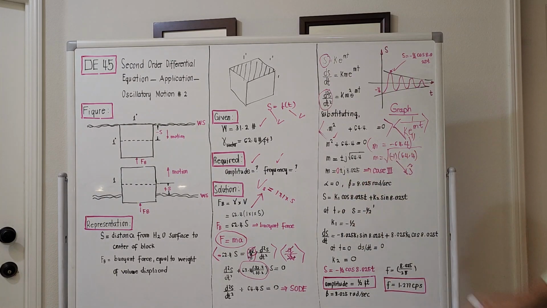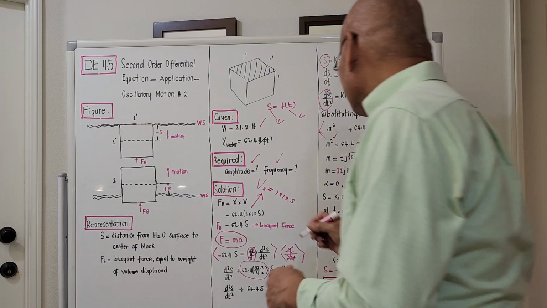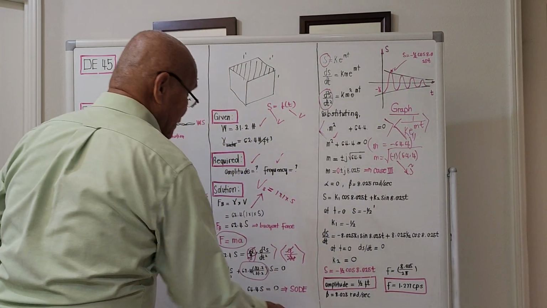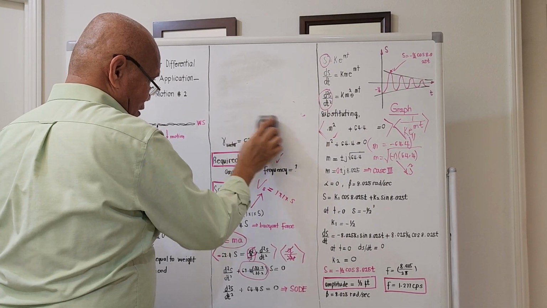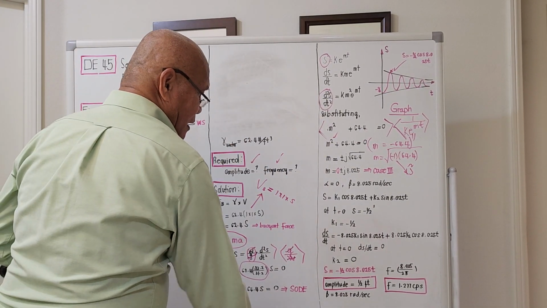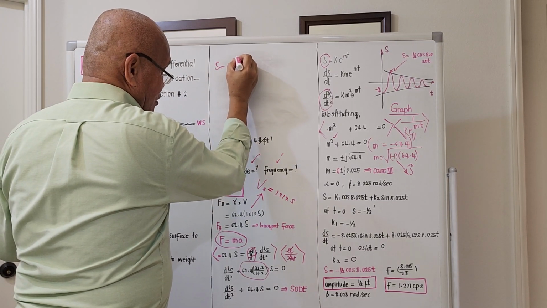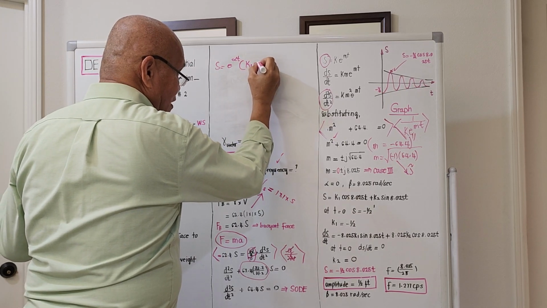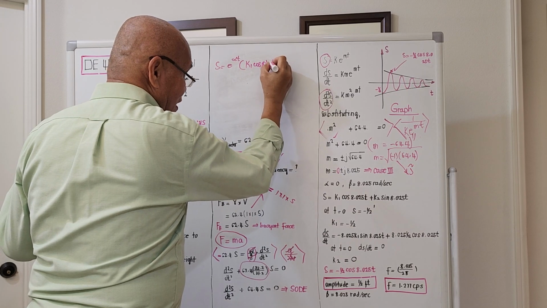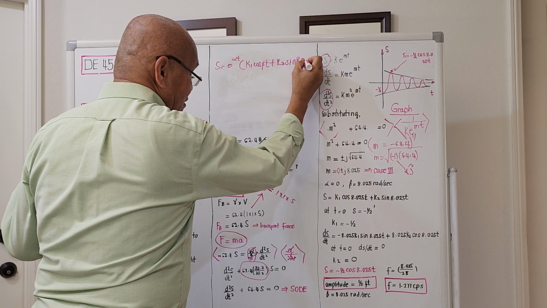So if we now try to bring out the equation, s now will be, under case number 3, hold on, I will just expedite the solution. We lack space. Under case number 3, s is equal to e raised to alpha t times the quantity k1 cosine of beta t plus k2 sine of beta t.